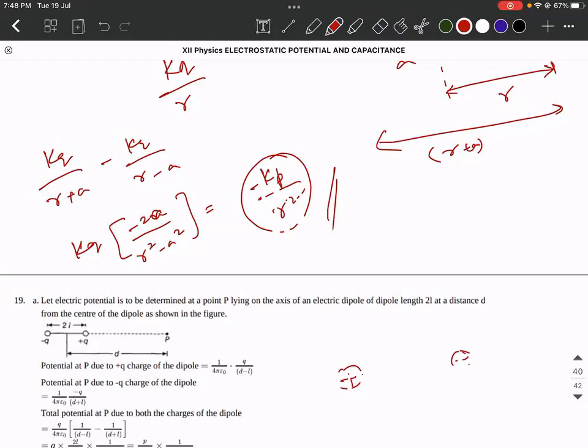You want a null point at which place? That's how it works, always. Because if you take a point P here, then the distances should be in such a way that, yes, it can be.